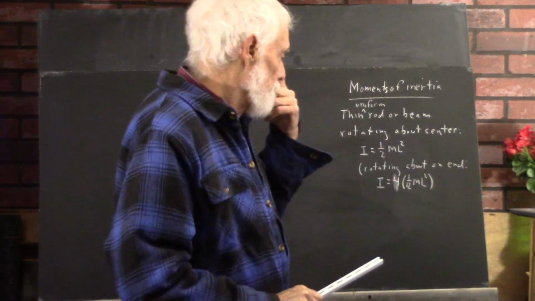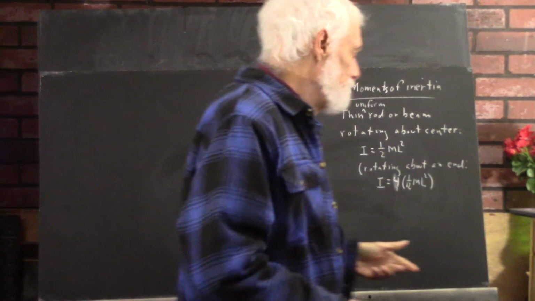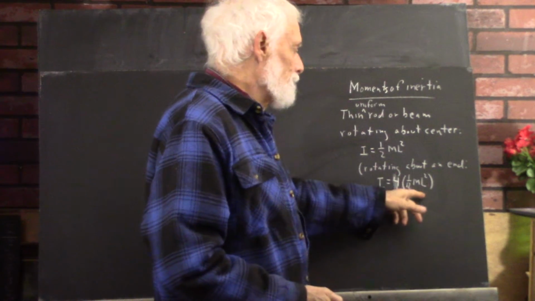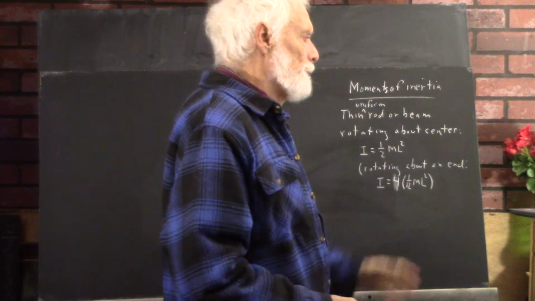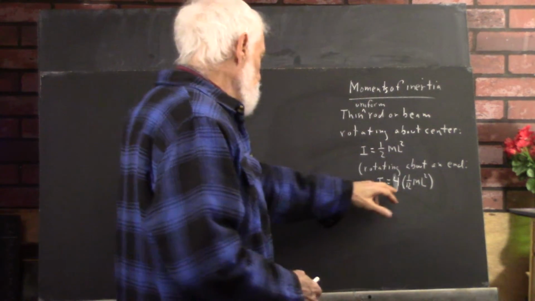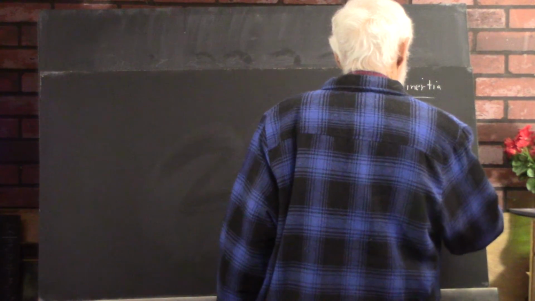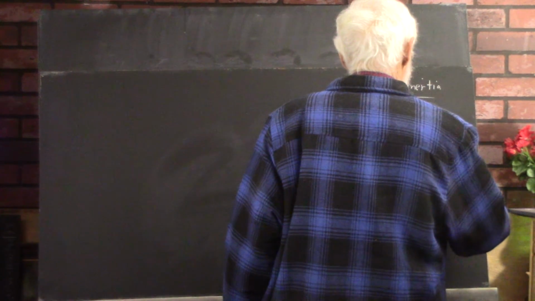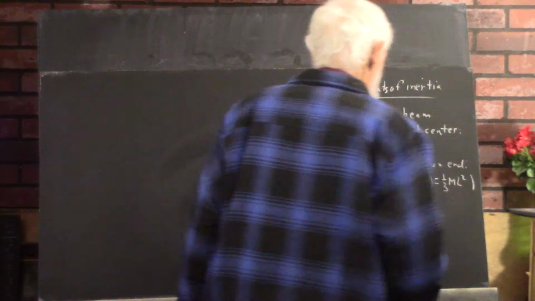Well, that means that this L thing averages twice as great, so when you square it, it averages 4 times as great. So anyhow, it's going to be this, which is 1/3 ML squared.